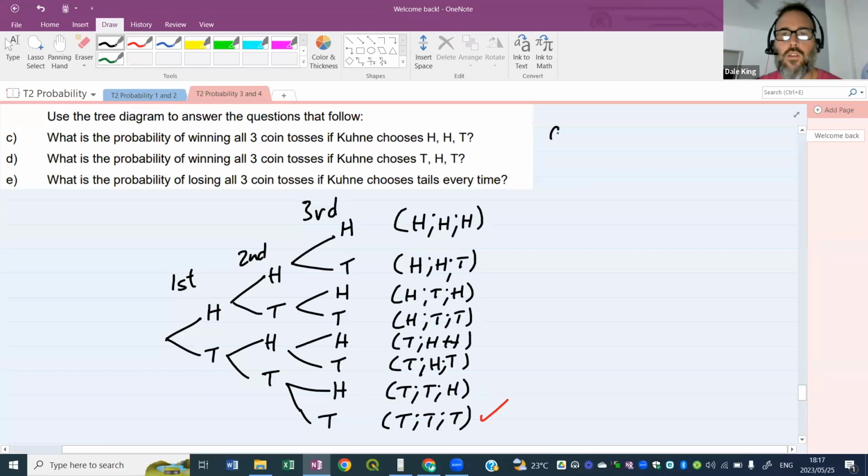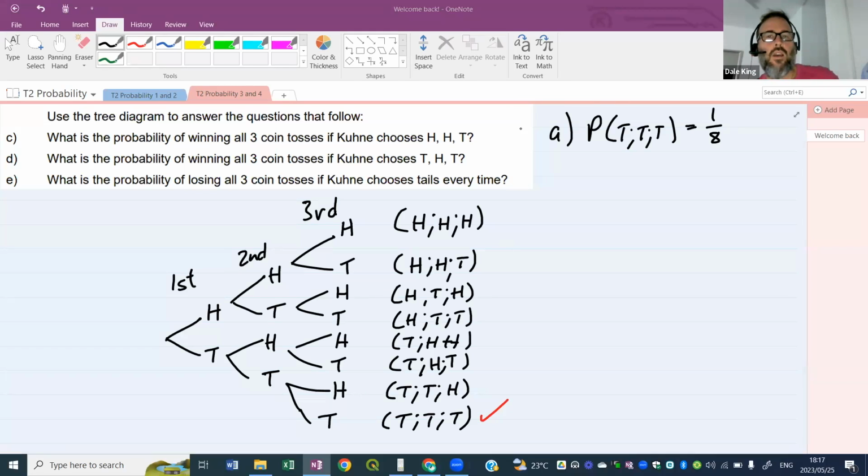Okay, so for A, the probability of getting tails and then tails, and then tails is equal to 1 out of 8, because there are 8 total possible outcomes here. The question didn't say leave it as a fraction or a percentage or a decimal.